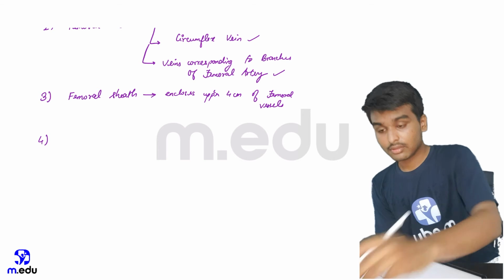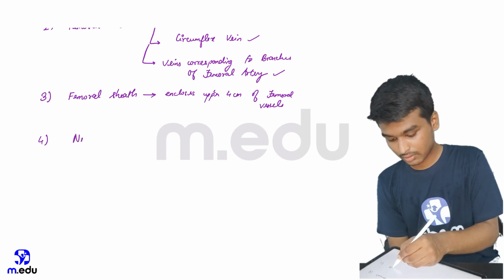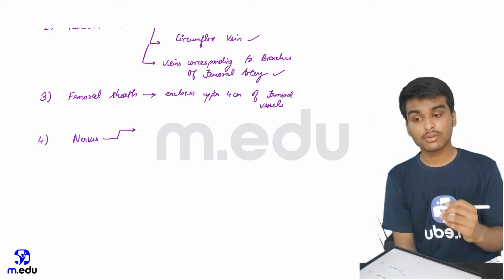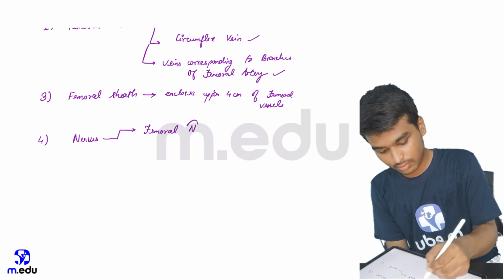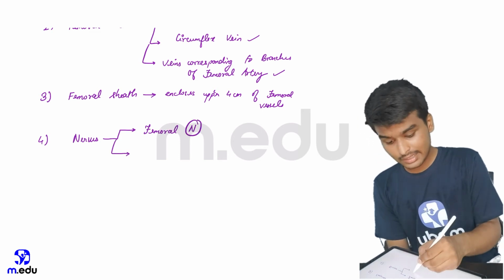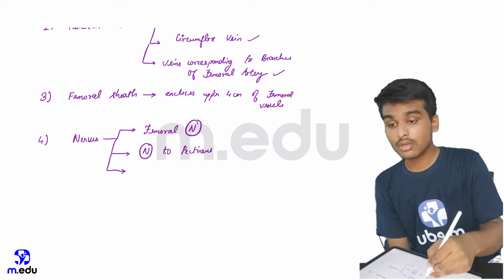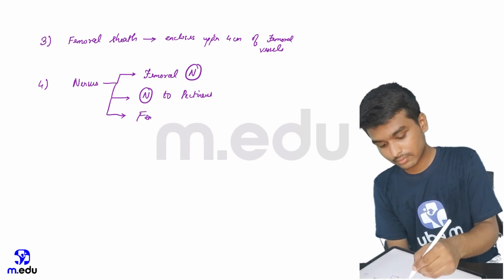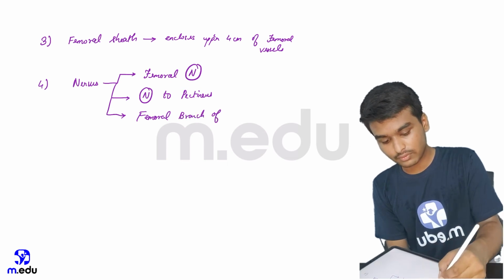The next one is the N. N stands for nerves. So there are 4 nerves in the femoral triangle. First one is a femoral nerve. Second is a nerve to pectineus. Third one is a femoral branch of genitofemoral nerve.